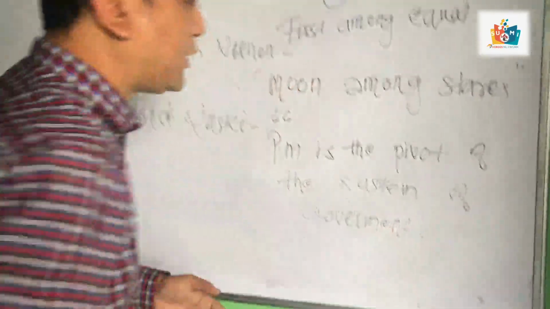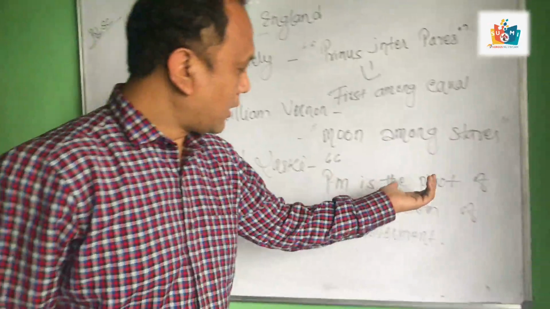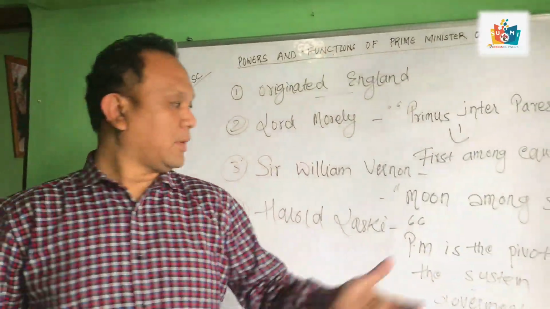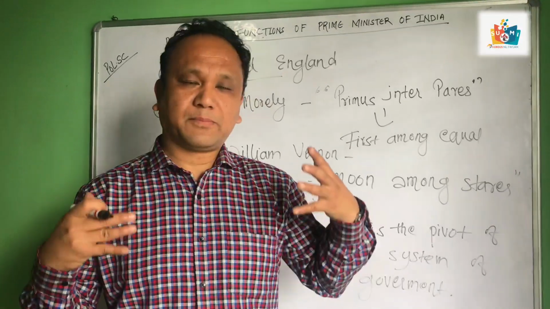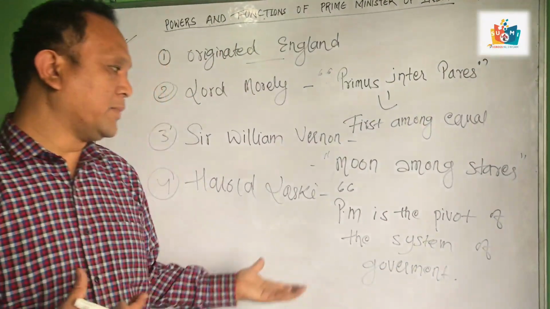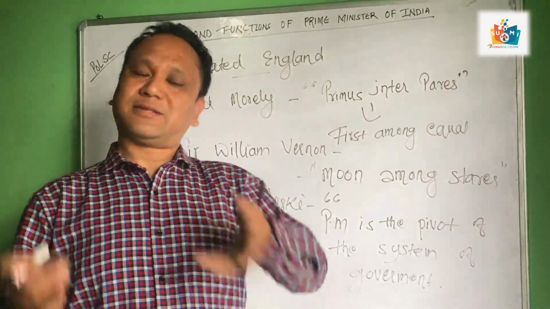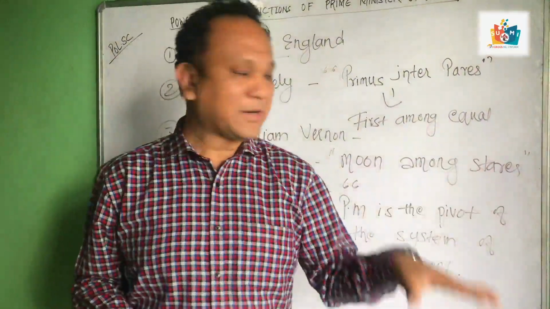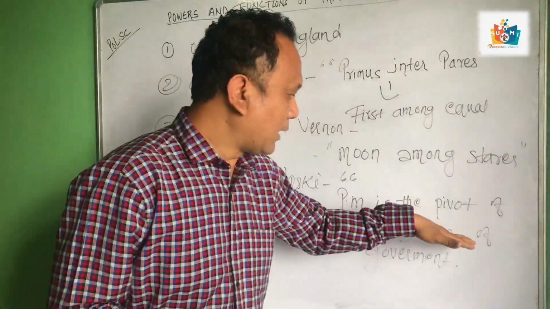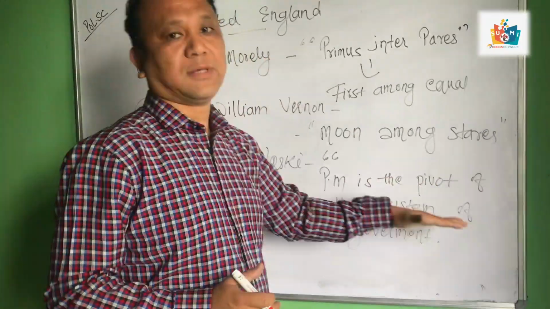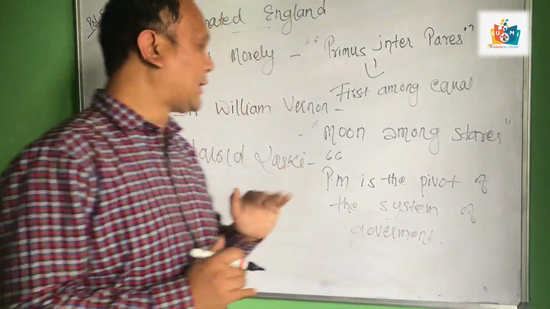I have mentioned the term pivot. It means the Prime Minister is the foundation of the government. Every decision, every plan and policy depends on him. That is why he is considered the pivot of the system of government.